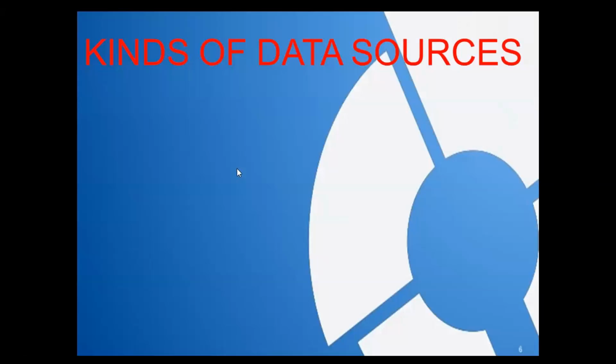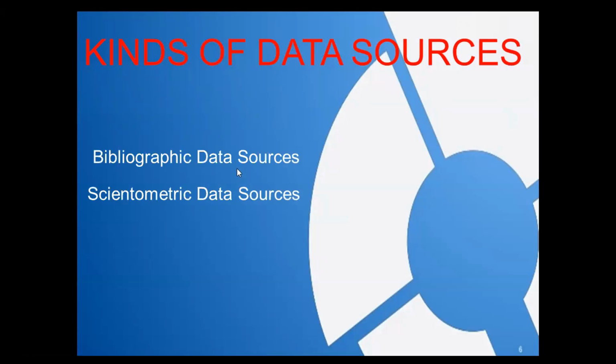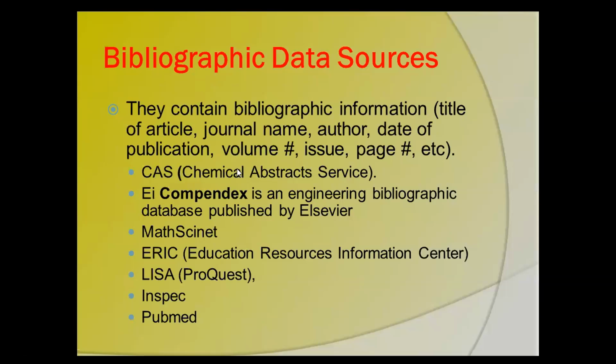Two kinds of databases are available: one is the bibliometric data source, another is the scientometric data source. The bibliometric data sources are available in different areas. They contain bibliographic information: title of article, journal name, author, date of publication, volume and issue, page number, etc. That is available for Chemical Abstracts, which is only a bibliographic database.